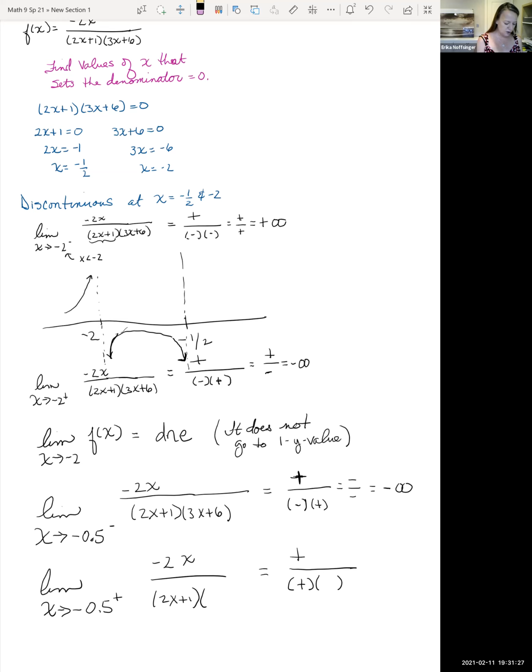And then if you plug in 3 times something near negative 1/2 and add it to 6, this is also positive. So this would be going up to positive infinity.